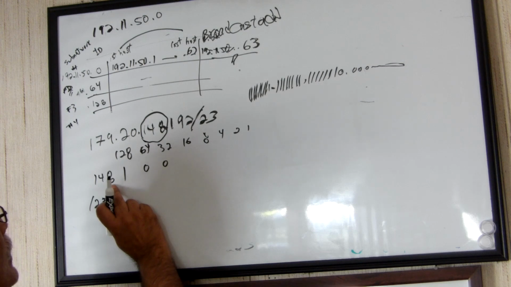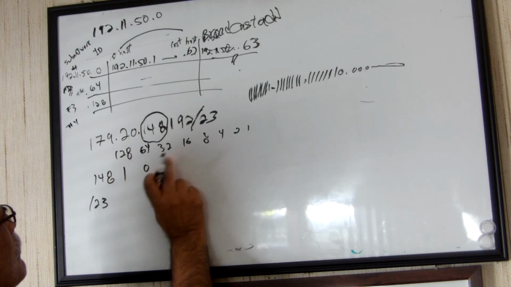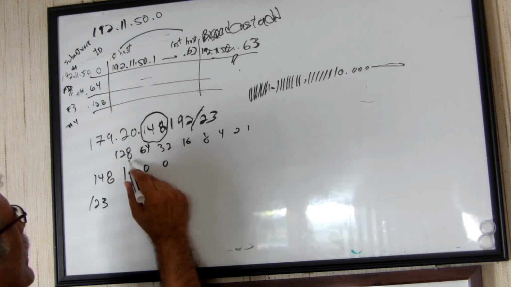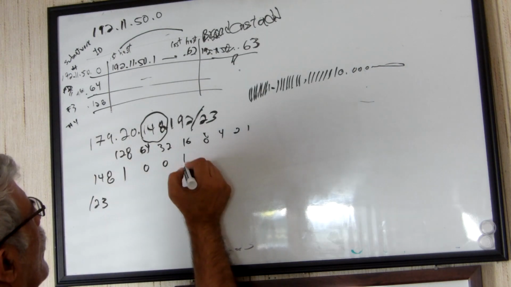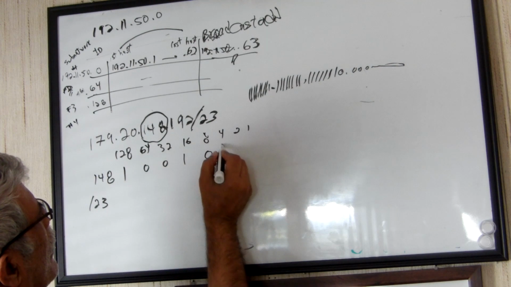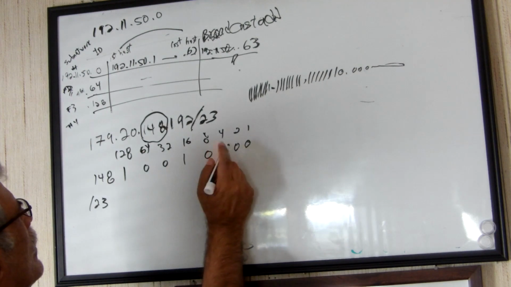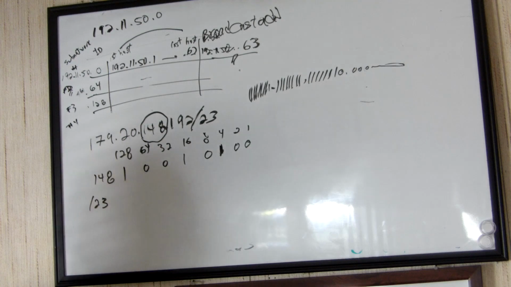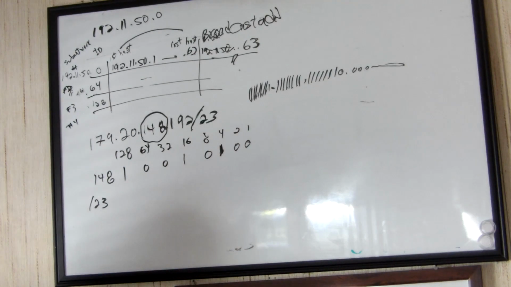It's going to be 128. If you add 16 and then 4, you get 148, because 128 plus 16 plus 4 is going to be 148.